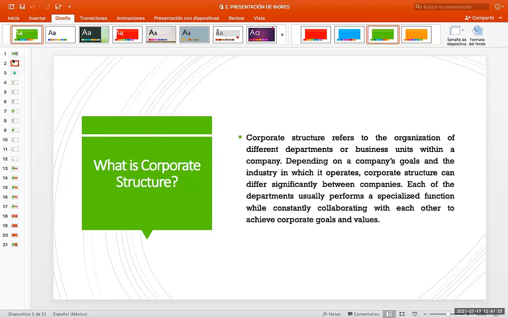It's important to say that depending on a company's goals and the industry in which it operates, corporate structure can differ significantly between companies. Each of the departments usually performs a specialized function while constantly collaborating with each other to achieve corporate goals and values.